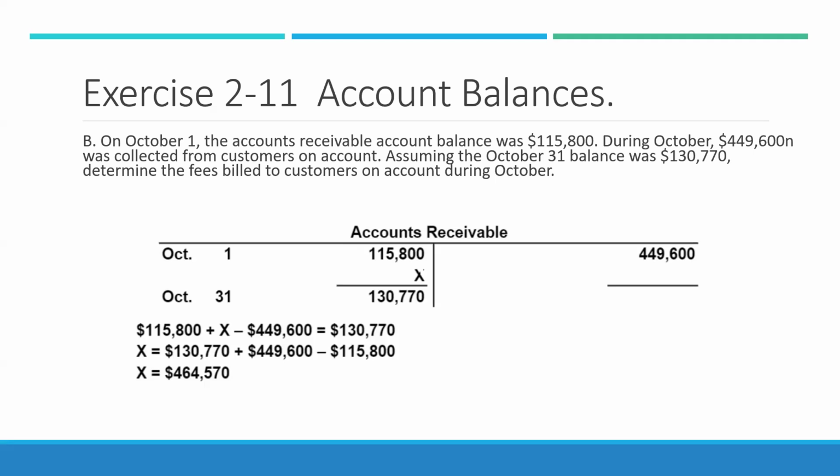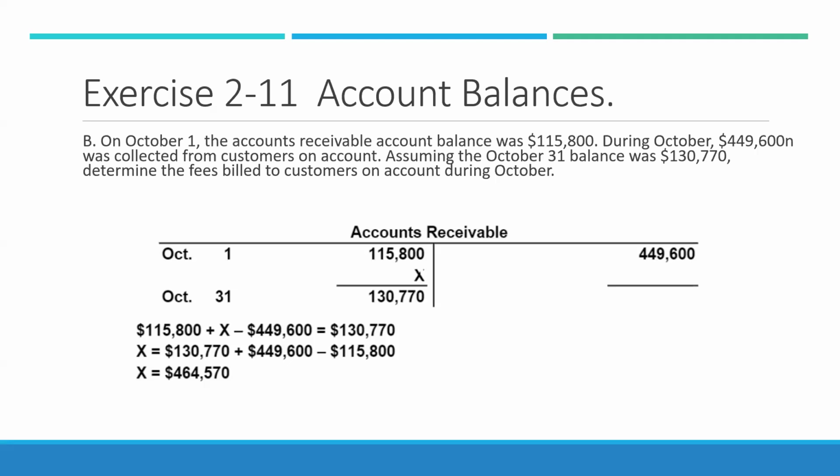This isn't how it makes sense in my brain to do this, but basically I would take the 115,000 minus the 449, and you would get negative 333,000, and then I would subtract another 137,700 by the end, right?